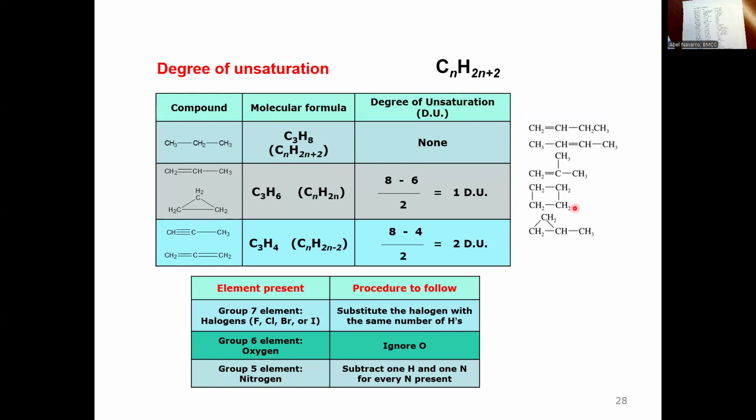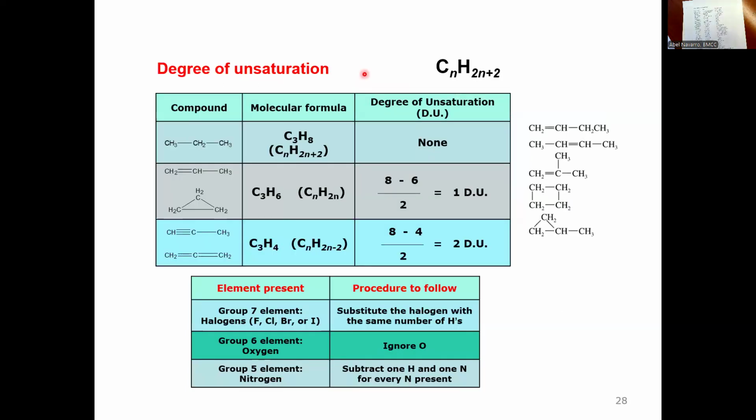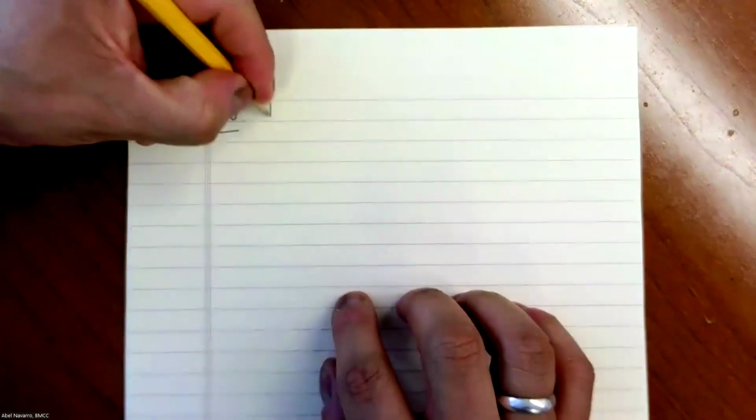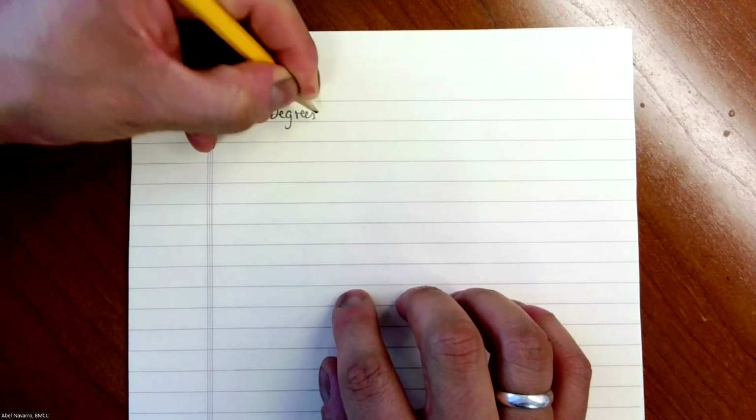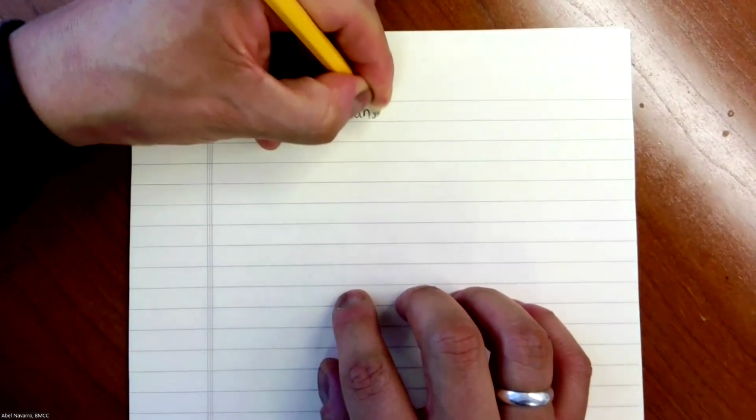Degrees of unsaturation. This is a formula that is going to help you a lot. We're almost done with the lecture, but let's do DUs, degrees of unsaturation.